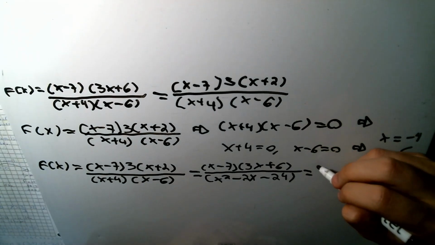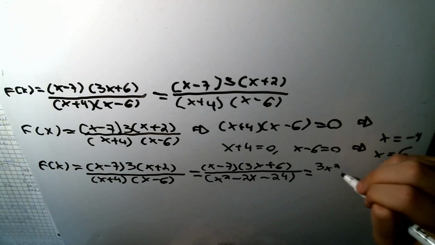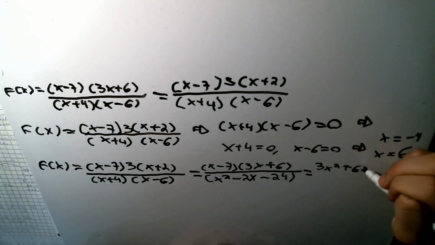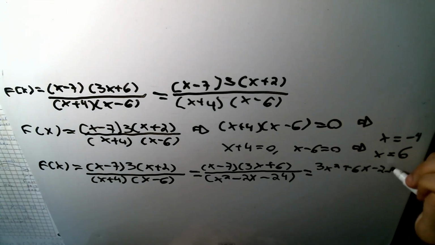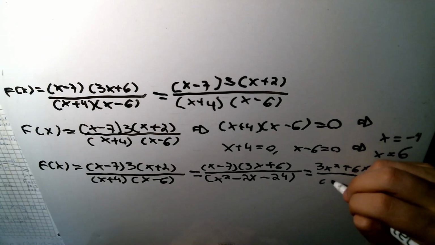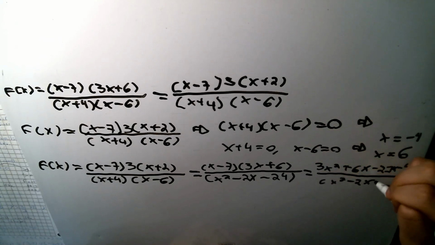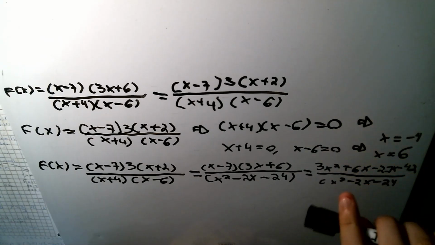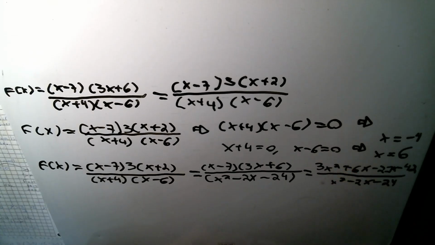This gives us 3x squared plus 6x minus 21x minus 42, all of this over x squared minus 2x minus 24.